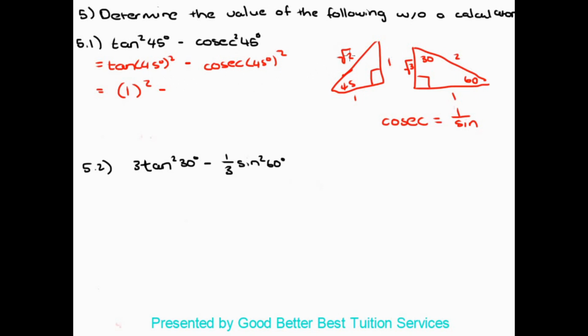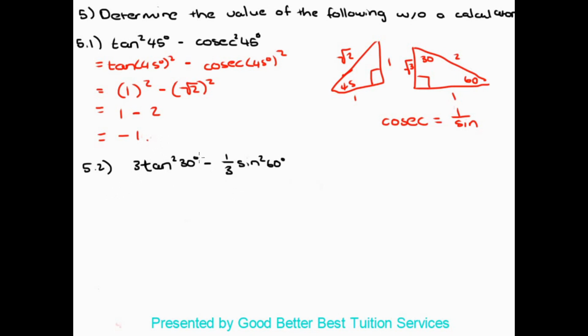So it's going to be 1 over root 2 if it was sine, but remember it's the inverse, so it's root 2 over 1, which is just root 2, right? Squared. And so once we go ahead and solve these, we get 1 minus, so now remember that square root will fall away to the square, so this is 1 minus 2, which is equal to minus 1 is our final answer there.